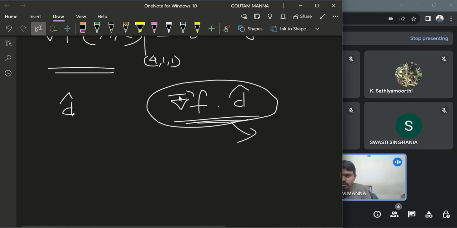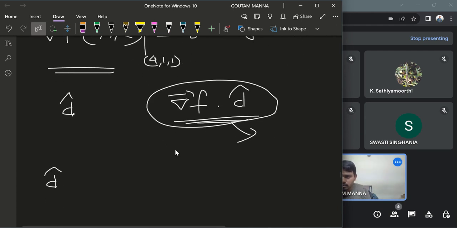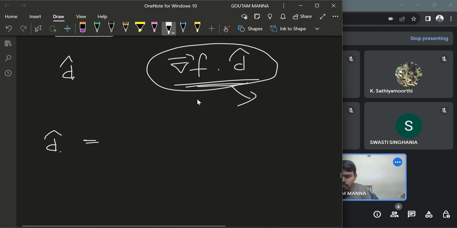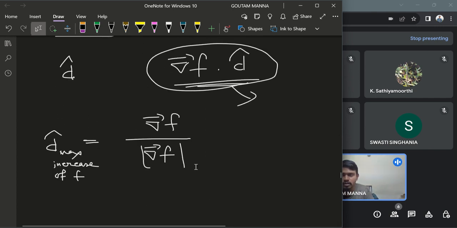So the direction in which the directional derivative will be maximum is the direction of grad of f, which is the direction of maximum increase of f, which is basically grad of f divided by mod of grad f. This is the unit vector along the direction of this grad.